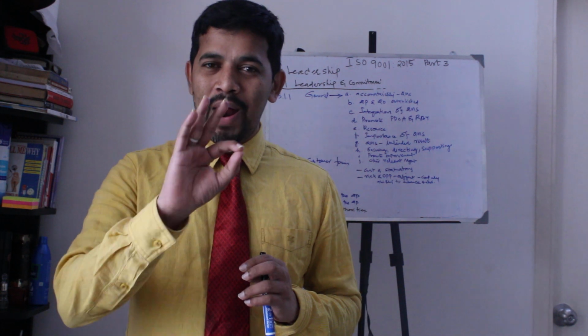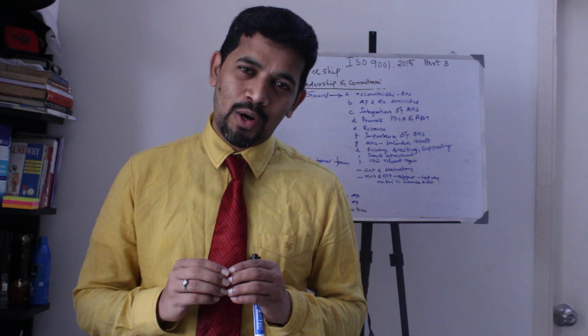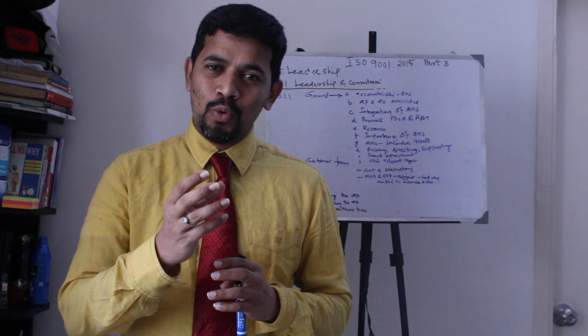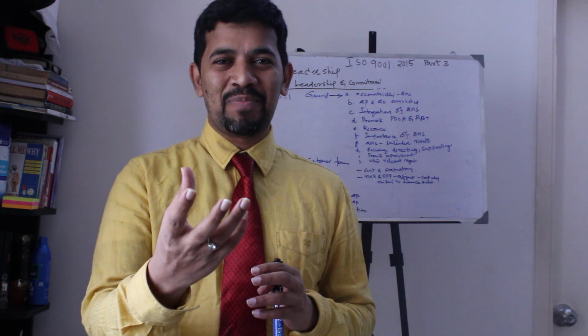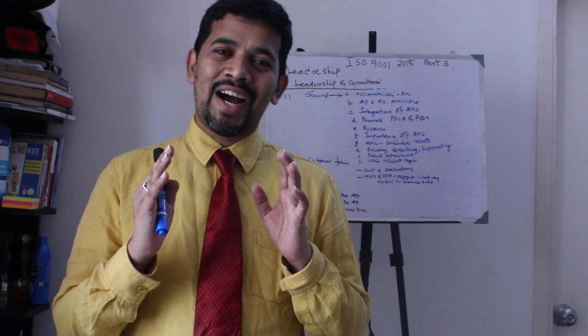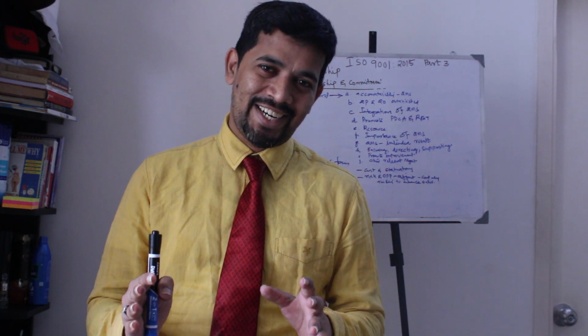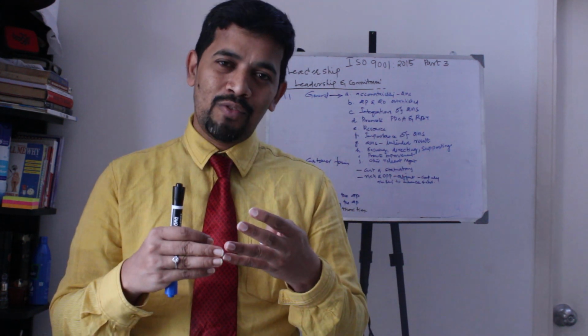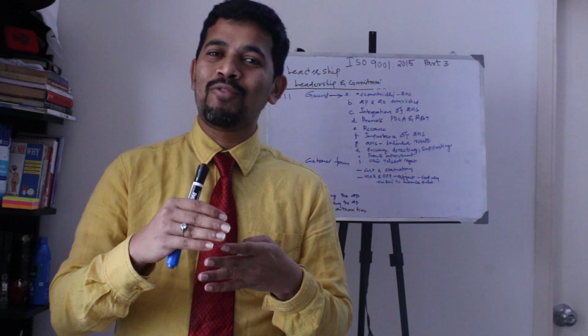Today we are going to see part 3 of the ISO 9001:2015 version. In part 2, just to give you a quick recap, we saw clause number 4, that is context of the organization. In that we have seen all the 4 clauses, 4.1, 4.2, 4.3 and 4.4.